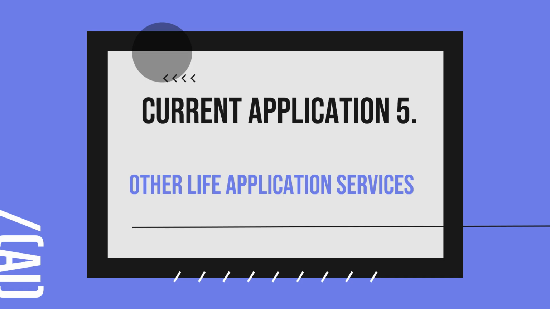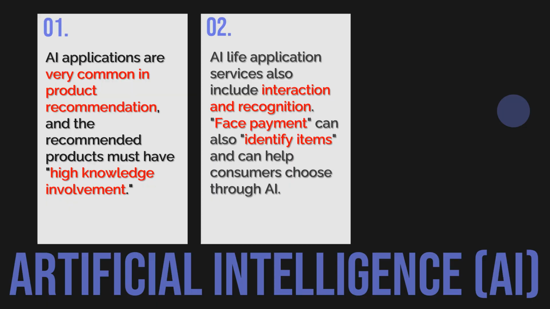Okay, application 5, other life application services. So your final project can use life application services. Number 1, AI application is very common in product recommendation. And the recommended products must have a high knowledge involvement.